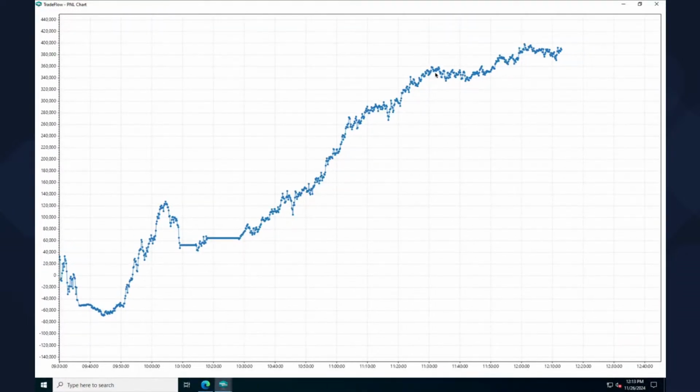From 11:30 to now, about 12:13, I think, it has moved only a few points. Very, very small movement here. I think even Nifty did not move much, and that is also one reason there is not much decay happening right now.